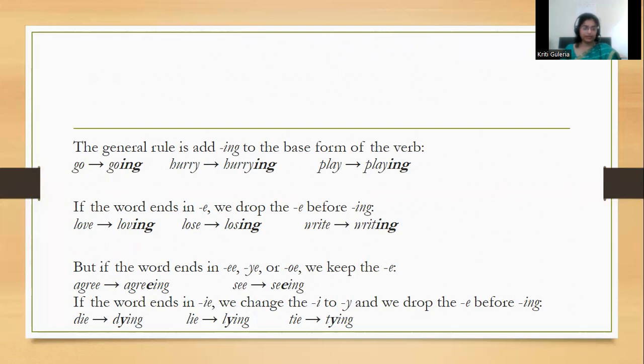Lie, IE being changed to YING. So IE is being changed to Y plus ING. Always remember. Similarly, tie, T-I-E, it will change to Y plus ING, so tying. So these are the few basic things that you need to remember about verb forms whenever you are adding any suffix or prefix to words.